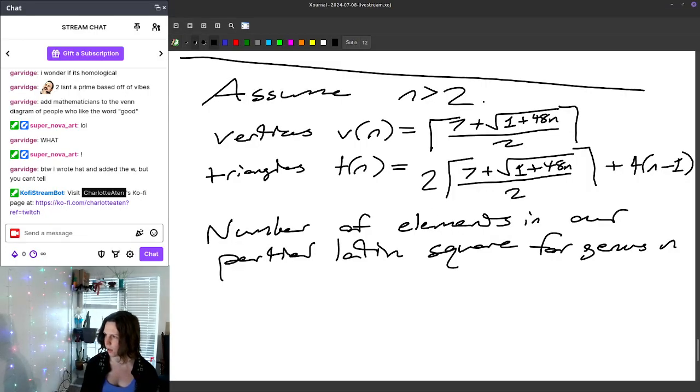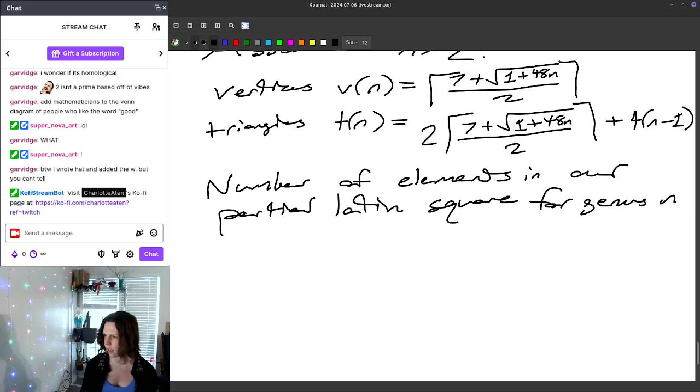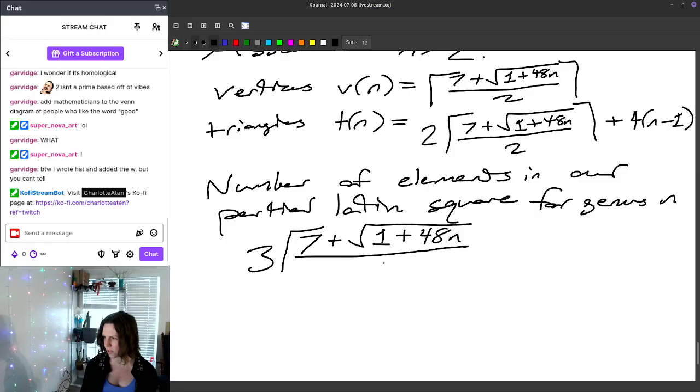Therefore, the number of elements in our partial Latin square for genus n is going to be 3 times the ceiling of (7 plus the square root of 1 plus 48 times n) divided by 2, plus 4 times n minus 1.